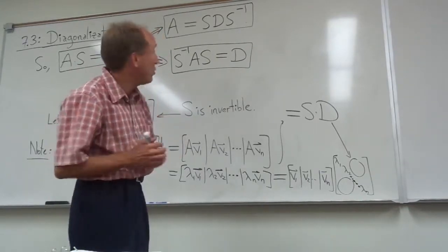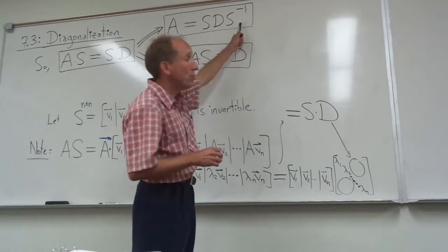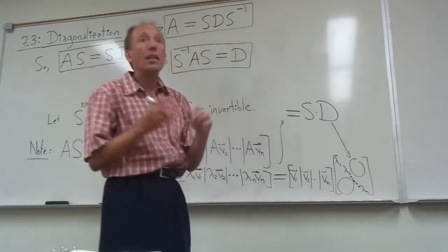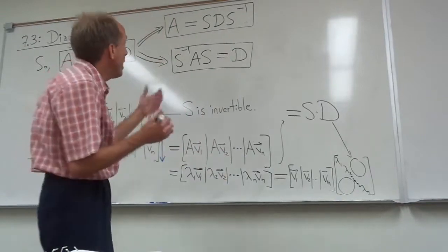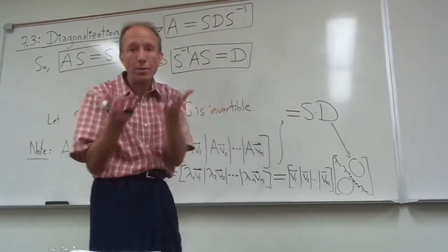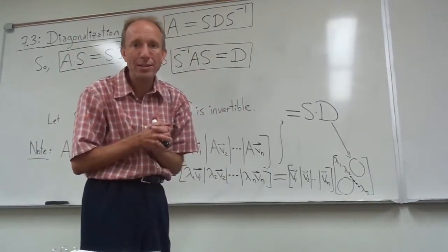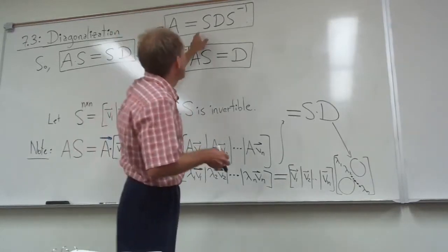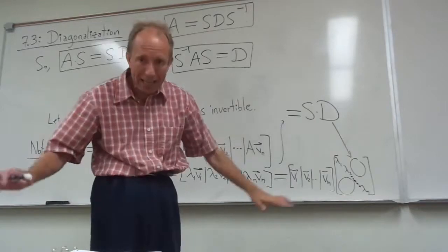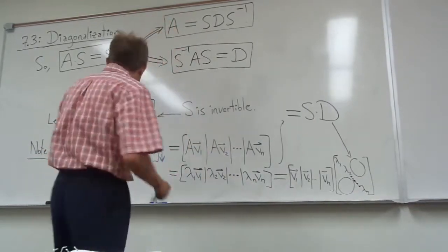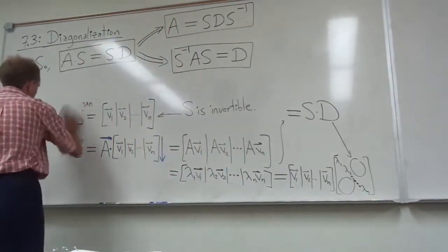Please remember that you cannot cancel S with S inverse unless they are right next to each other. S times S inverse cancels out to the identity matrix. But S with a D sandwiched in between it and then an S inverse does not cancel out. So we really have to leave it just like this.